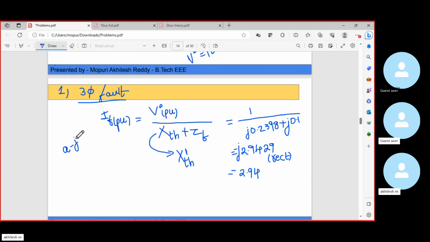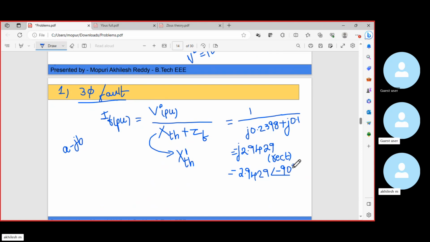So 2.9429 at an angle of minus 90. This is the fault current in the first case.